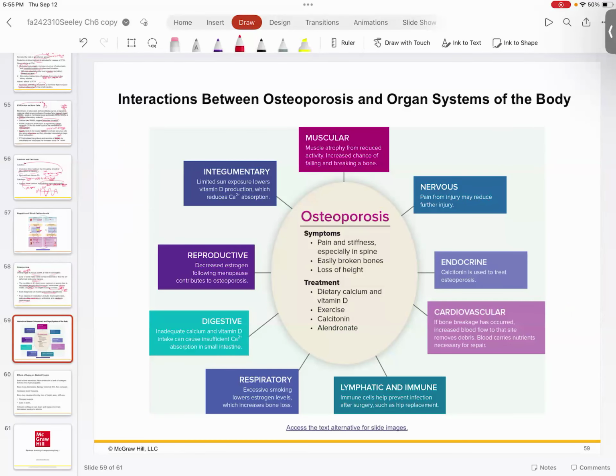So here's how osteoporosis affects the body at large. And each chapter has something like this in it, right? From your osteoporosis, if you're weakening your bones, you can also get to the point where you have muscular atrophy as well, because of reduced activity, because you can't walk because of your bone density issues.